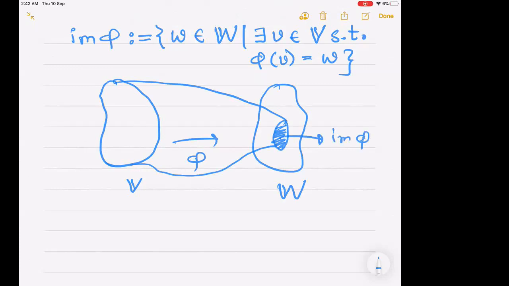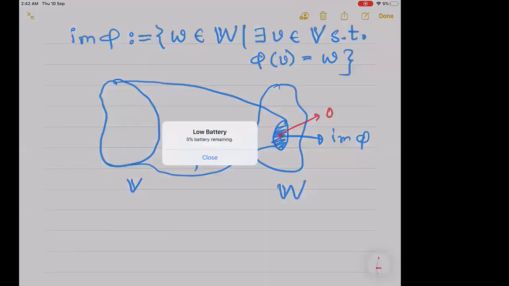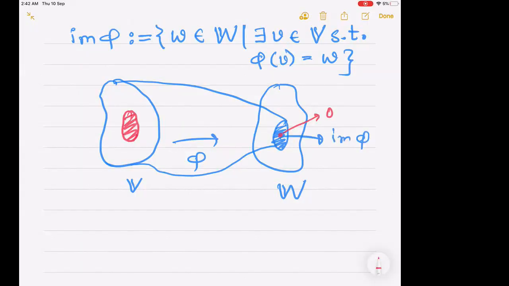The image of phi will contain one particular element, the 0 in W. Whatever vectors get taken to 0 by phi, this is the kernel of phi.